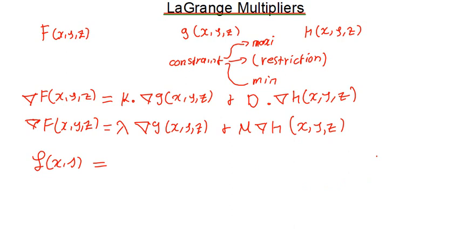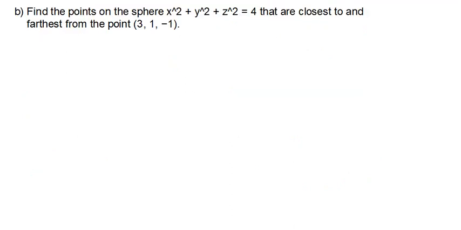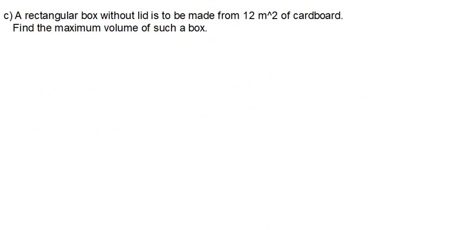So we have multiple questions that we are going to go through. One of the questions is a question that we did in the previous video, and I recommend you go through that one. It's actually this question: a rectangular box without a lid is to be made from 12 meter squared of cardboard. Find the maximum volume of such a box. So here you are maximizing.